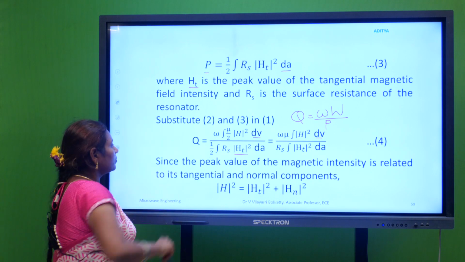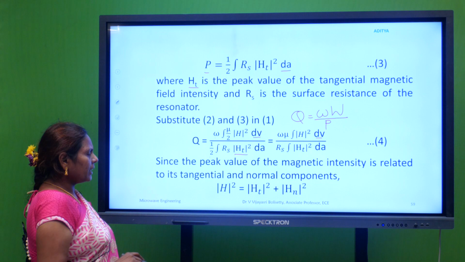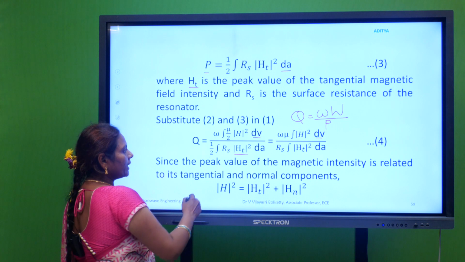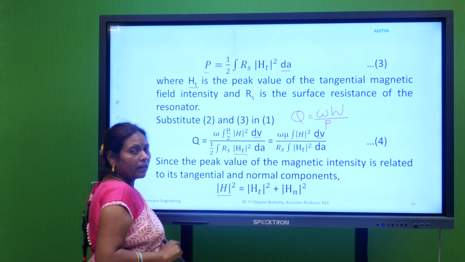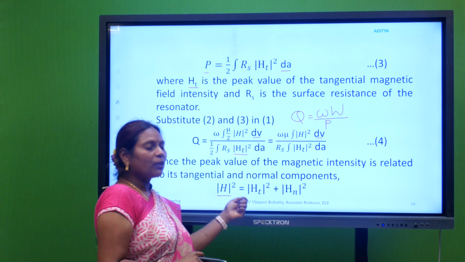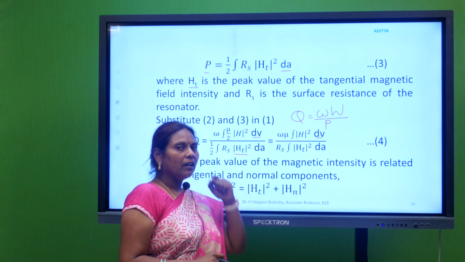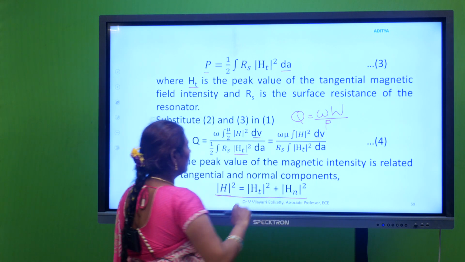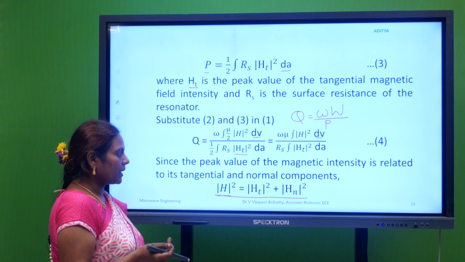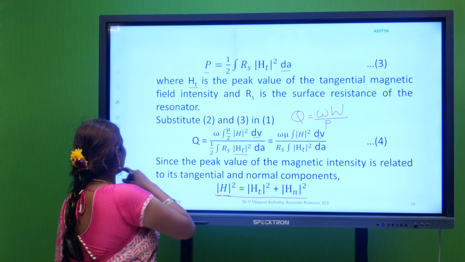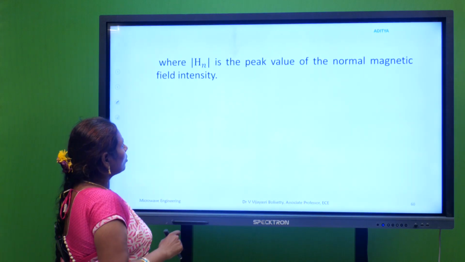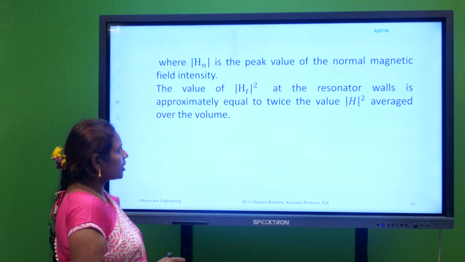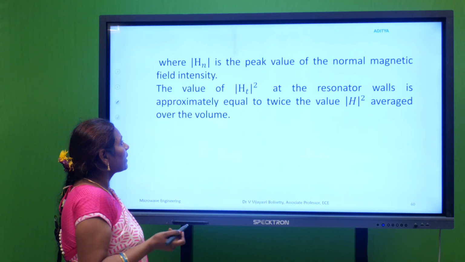Okay, so now since the peak value of the magnetic intensity is related to the tangential and its normal components, the total magnetic field intensity magnitude H square can be taken as the sum of the peak value of the tangential magnetic field and the normal magnetic field components. So there is a relation between Ht and H, where H square is equal to Ht square plus Hn square, where Hn is the peak value of the normal magnetic field intensity and Ht is the peak value of the tangential magnetic field intensity.